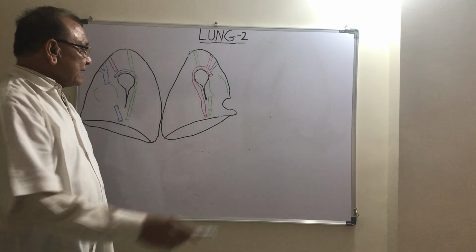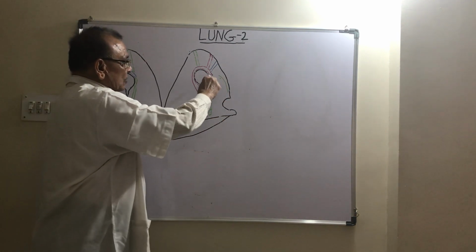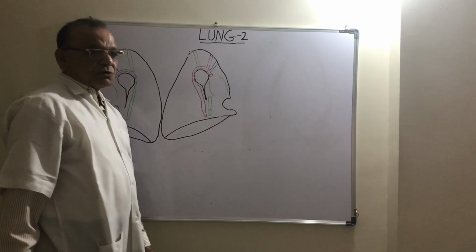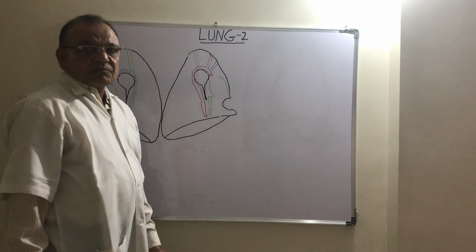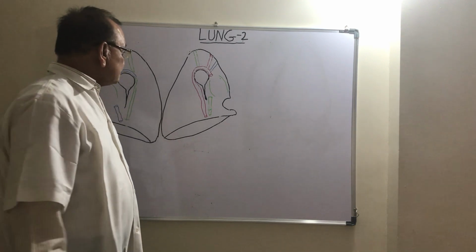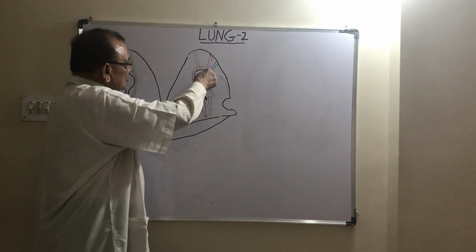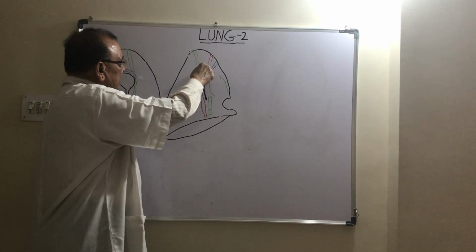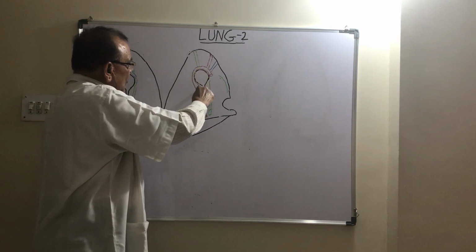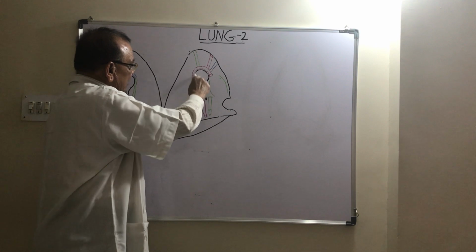Again, cardiac impression lying below in front of the hilus is related to part of left atrium, left ventricle, and part of the right ventricle. Now, above the hilus, there is an arch groove, and this arch groove continues with the vertical groove behind the hilum.